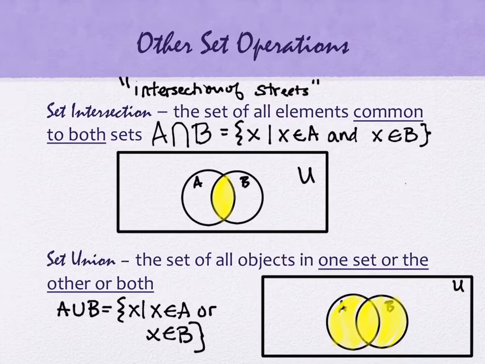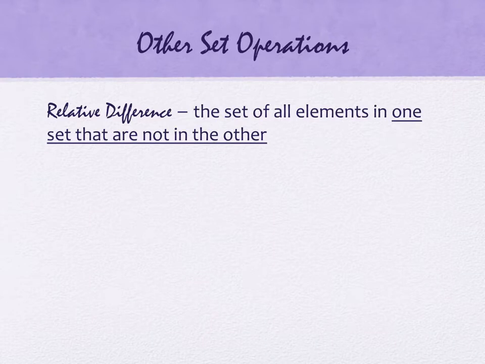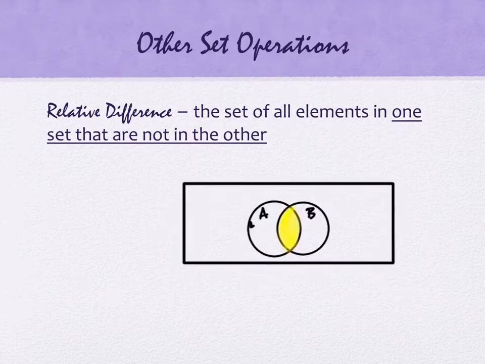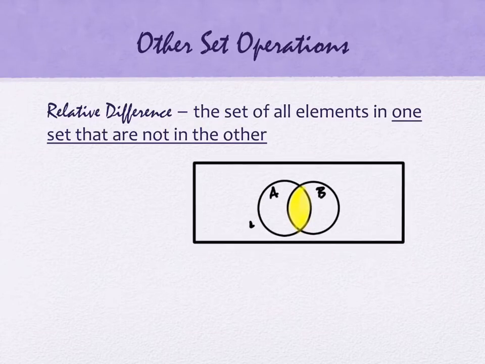The next one, relative difference, does come up from time to time. The relative difference is the set of all elements in one set that are not in the other set. So again, from a picture point of view, if I have my same set, I'm going to take out the yellow here. It doesn't matter which way we define it, so I'm just going to define A minus B. That's called the relative difference.